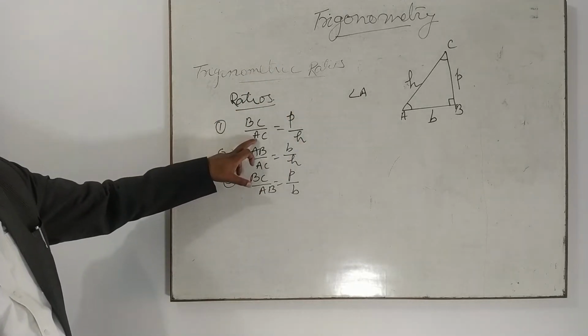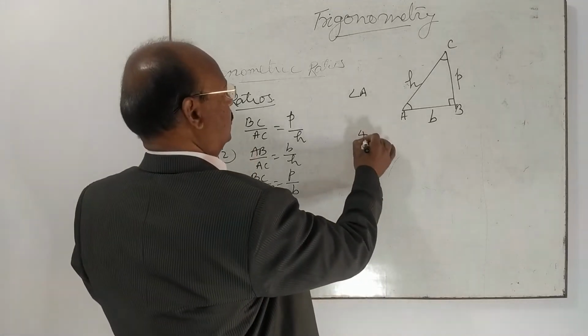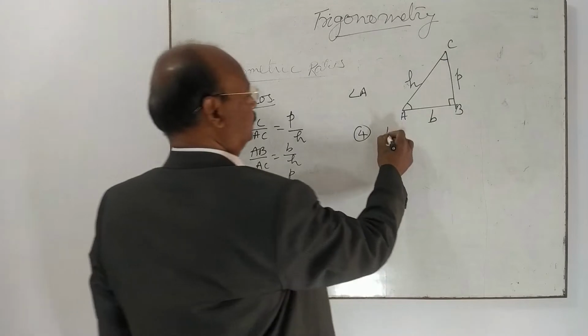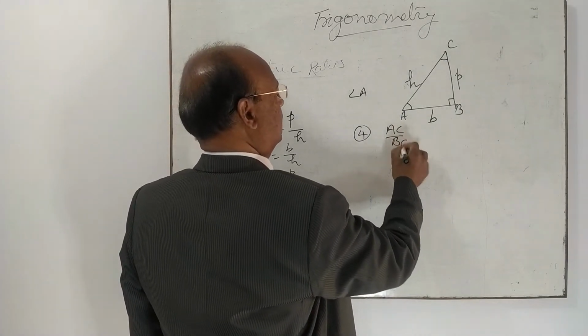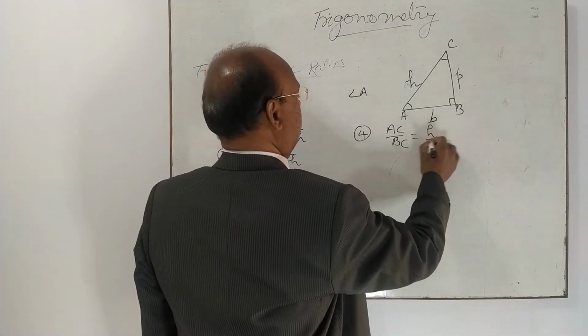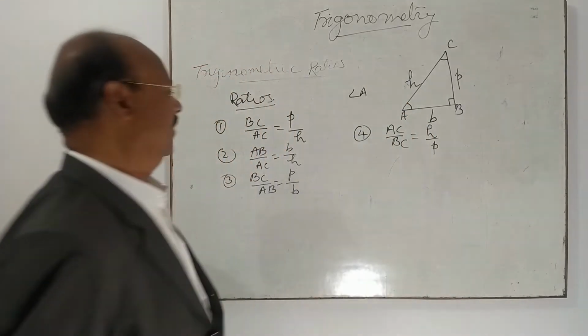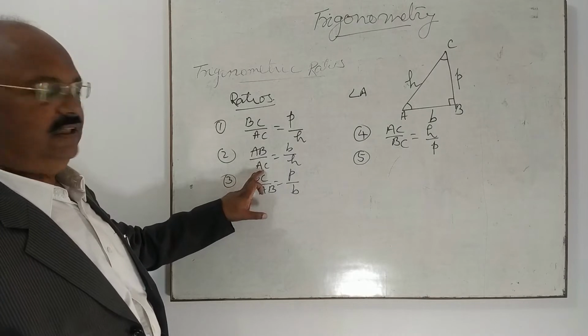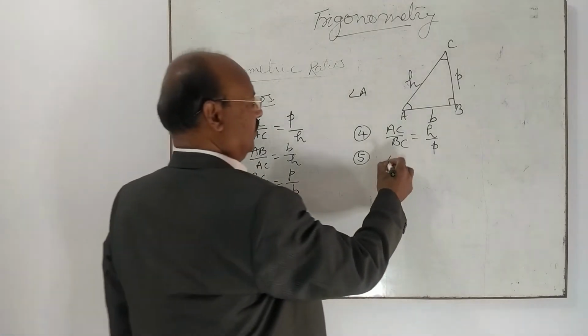BC by AC, then fourth you can write just the reciprocal, AC by BC. AC by BC means you can write here H by P. Another one, fifth, this is AB by AC, you write AC by AB.